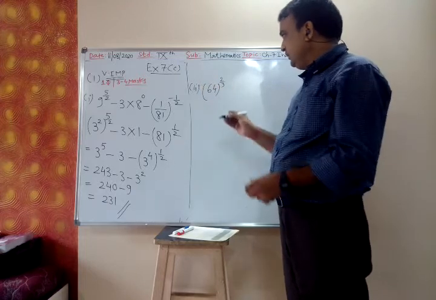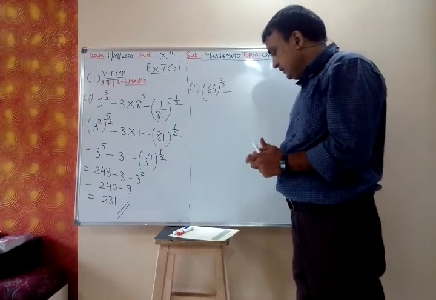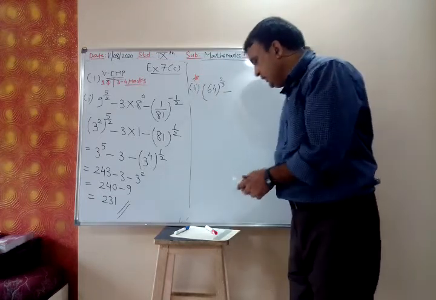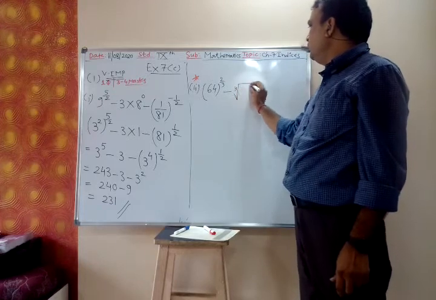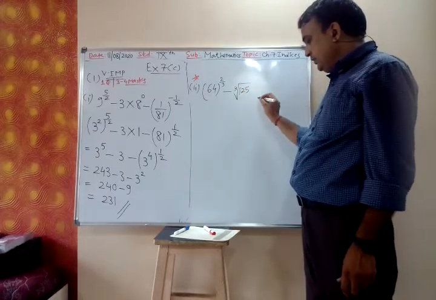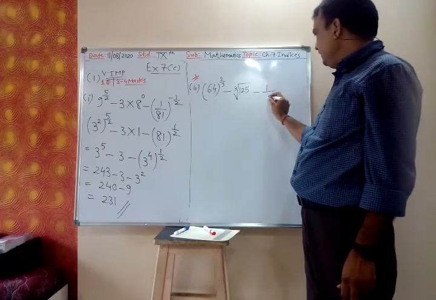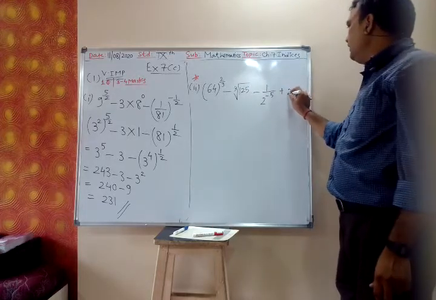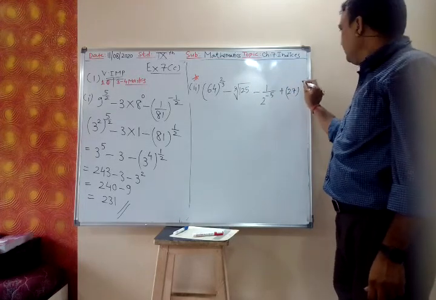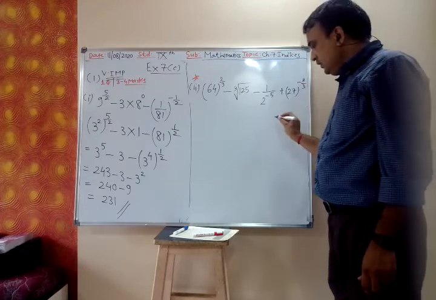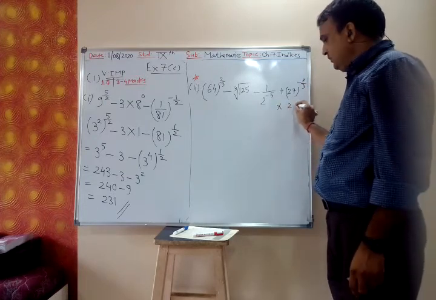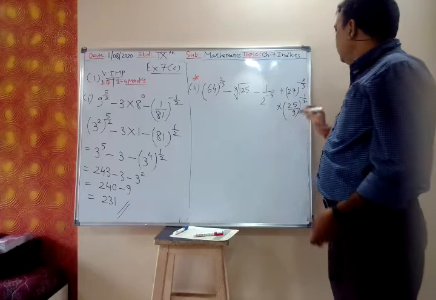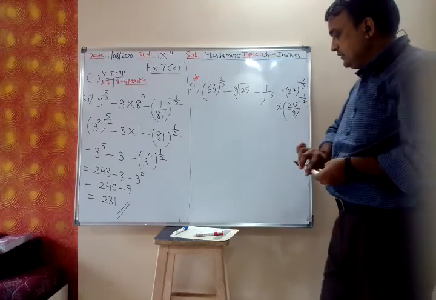This one you mark important, especially in the first, this type. 64 raised to 2 by 3 minus cube root of 125 minus 1 upon 2 raised to minus 5, plus 27 raised to minus 2 by 3 into 25 by 9 raised to minus half.